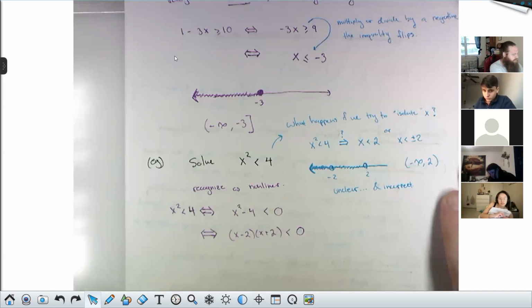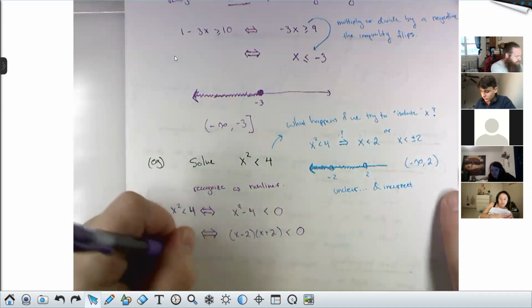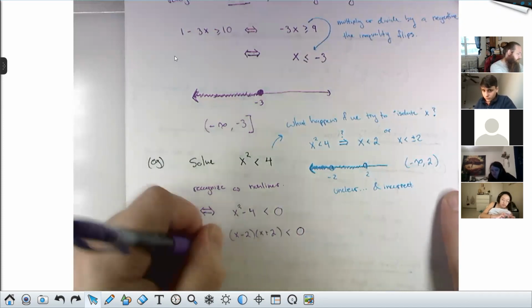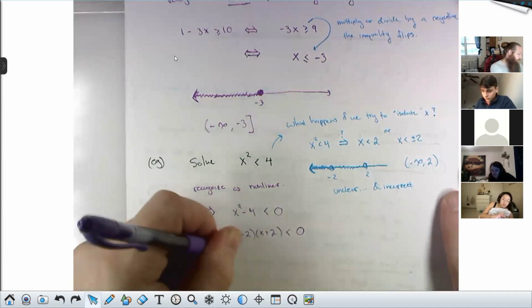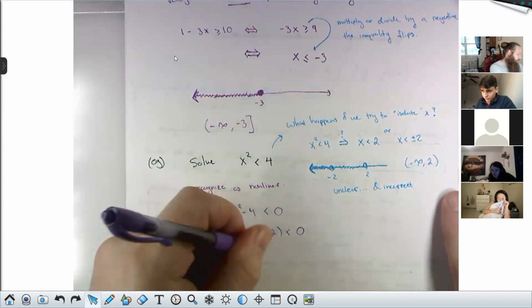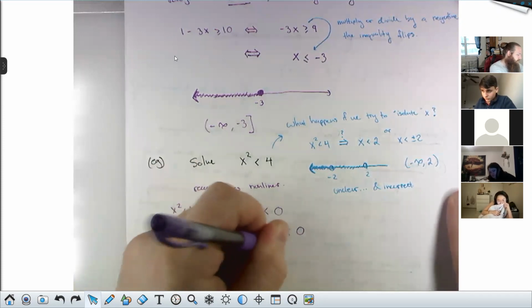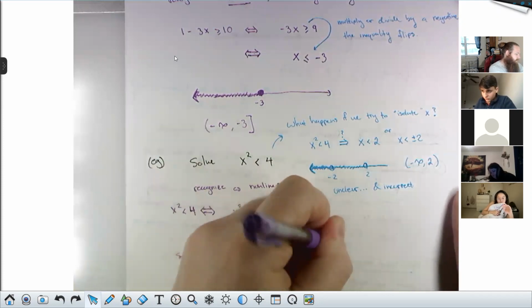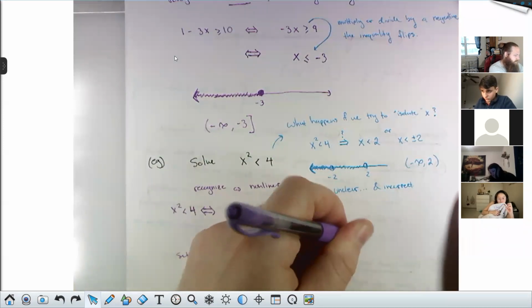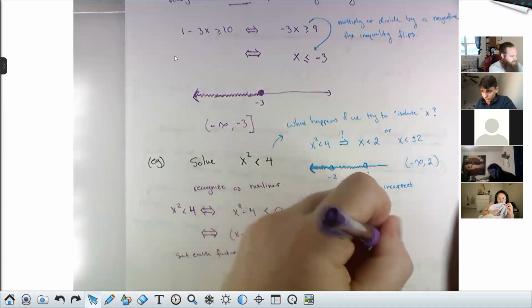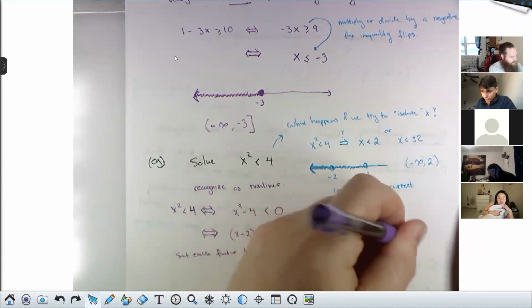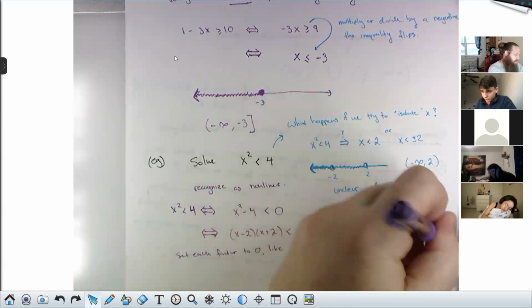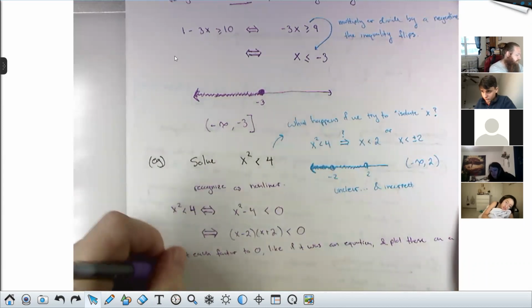So what you do is you then set each factor to 0, like you would if it was an equation, and plot those on a number line.